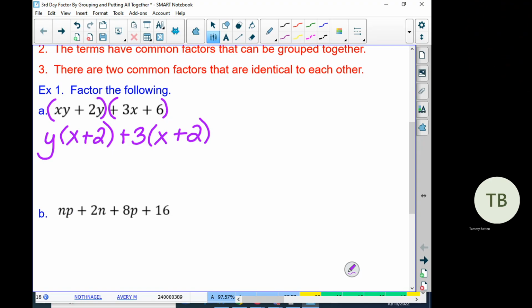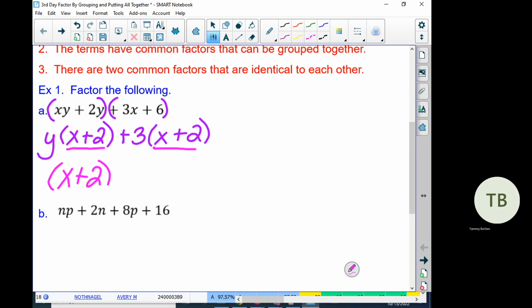Now, you have done this correctly if these 2 are identical. If they're not, then you didn't do it correctly and you'd have to go back and figure out what you did wrong. Now, when those 2 are identical, what I do is I write that down first, but you only write it down one time.